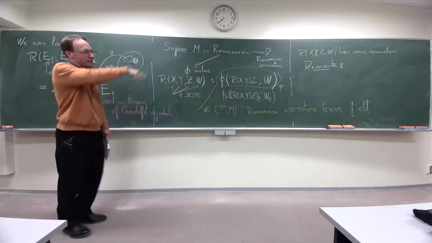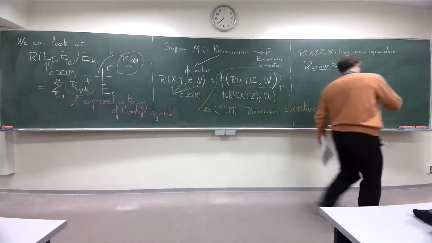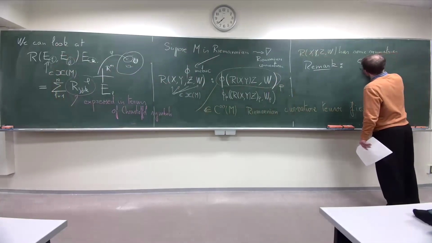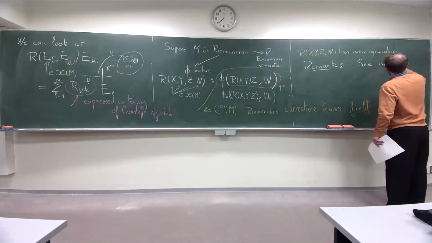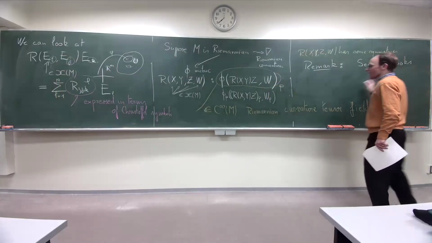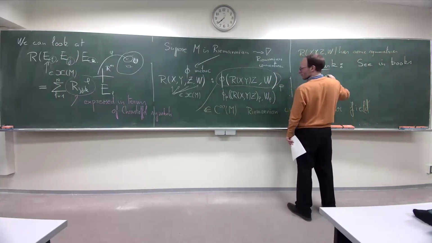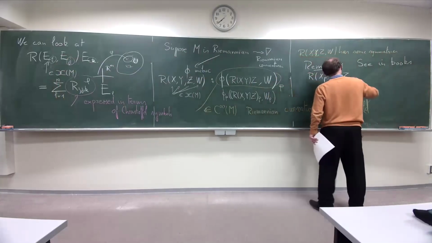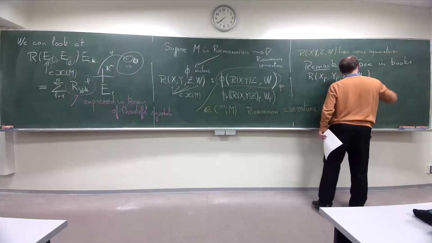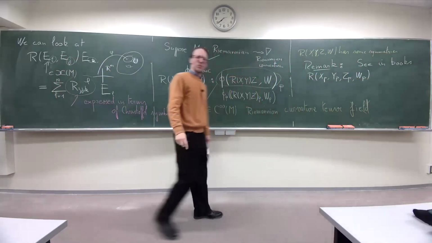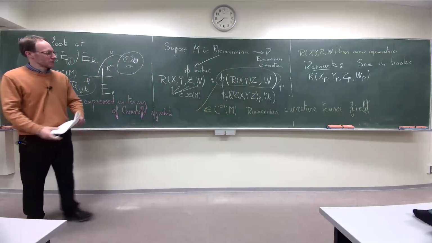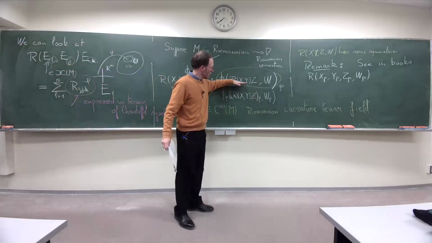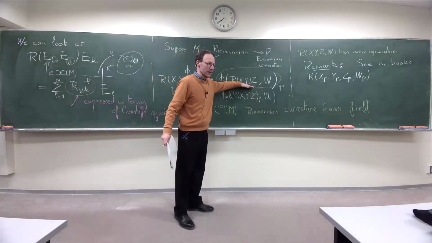So as I said, in many places, they do not write tensor field, and you can see in books the following expressions: R of XP, YP, ZP, WP. And then you say, oh, there is a problem. Because you need to put vector fields.